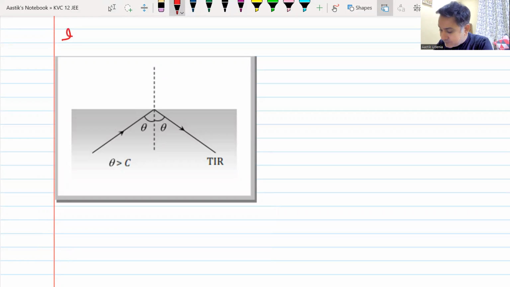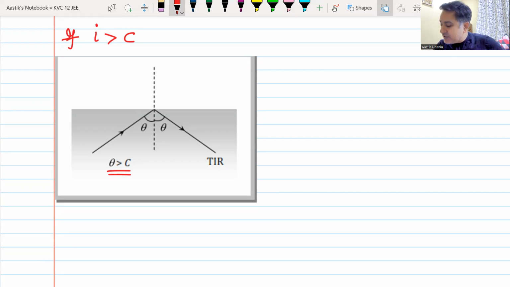Yes. If the angle of incidence is greater than your critical angle, it cannot go into the other medium. It bends back into the same medium. Then it is no longer refraction, it becomes total internal reflection.